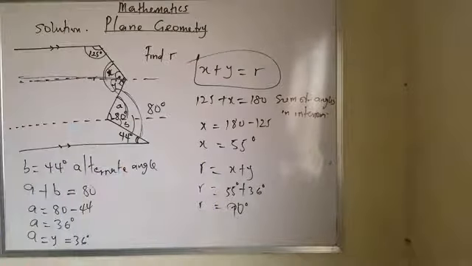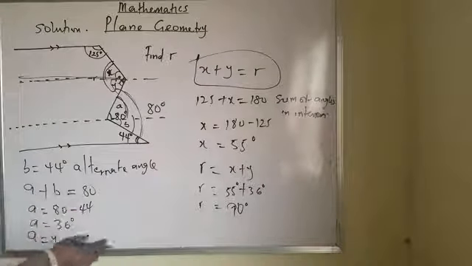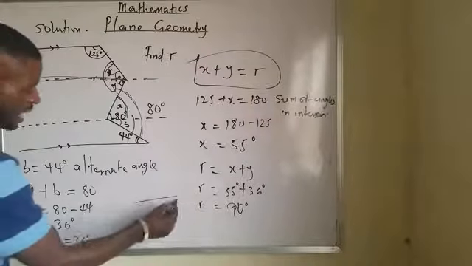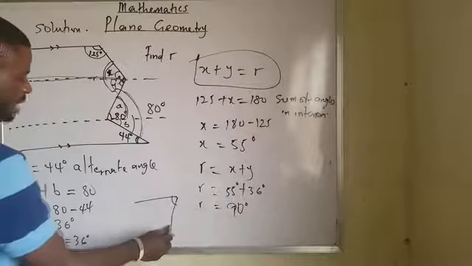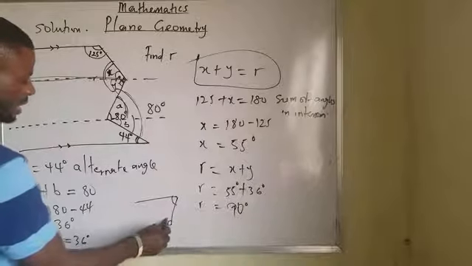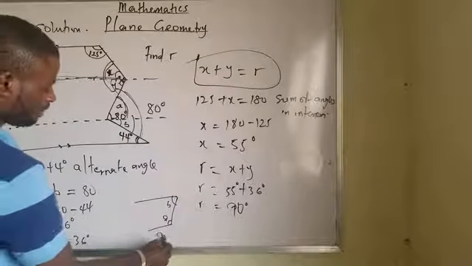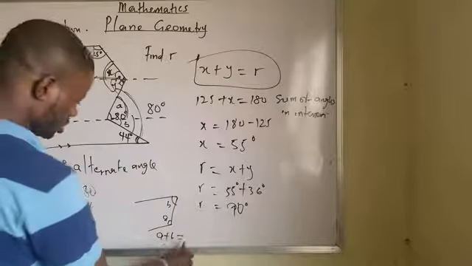That is my R. My R is 91 degrees, and that is what I wanted to find. Can you see? Don't forget the sum of interior angles. Like when I have something like this, do you get what I'm saying now? If you have this, A plus B equals what?